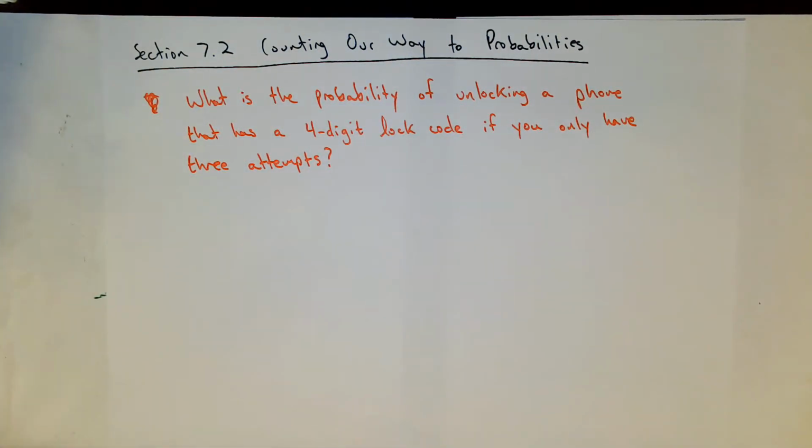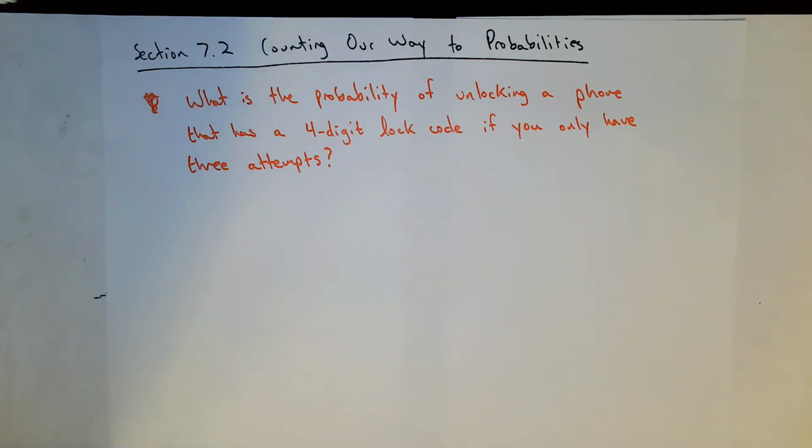So intuitively, you might already understand that it should be 3 out of some large number. So we already have an idea of the size of the numerator in our classical probability, the number of possible outcomes in the event.